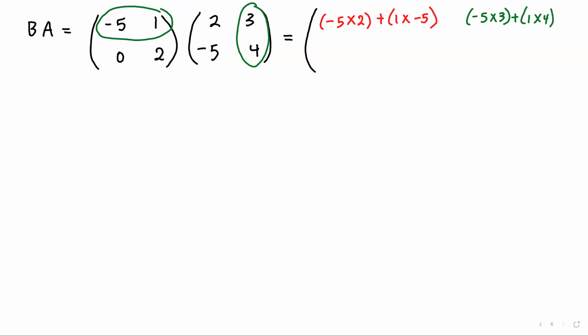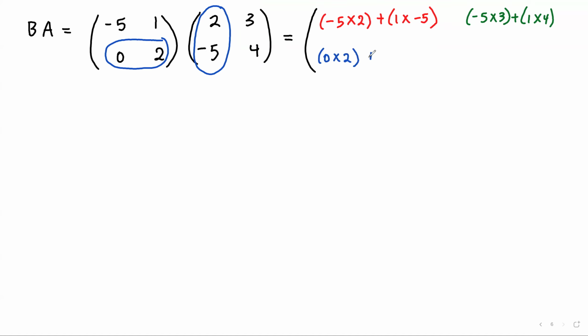Right? And now we're going to look at this position here, which is row 2, column 1. So I literally go now with my row 2 and column 1 terms. Row 2 is this row, column 1 is this column. So it will be 0 times 2 plus 2 times -5.